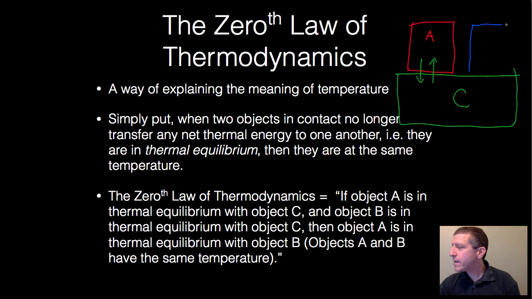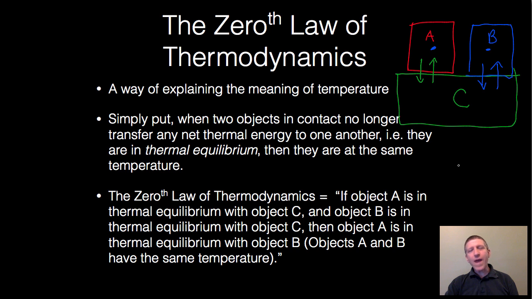Here's object B. If it is in thermal equilibrium with object C, then we say that A is in equilibrium with object C, B is in equilibrium with object C. We can state that object A is in thermal equilibrium with object B. In other words, object A and B have the same temperature.